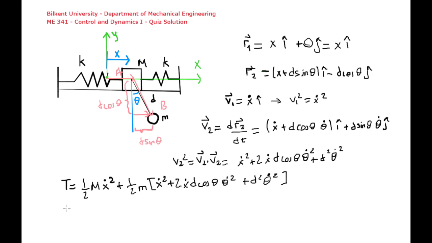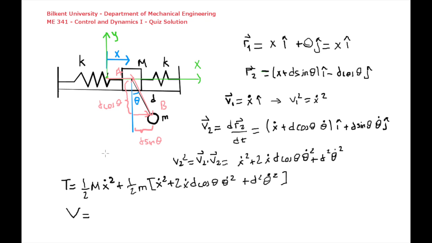Now I also need to write the potential energy. In this case there are two different mechanisms for potential energy. One of them is the elastic potential energy stored in the springs, and the other one is the gravitational potential energy for this little object, little m.